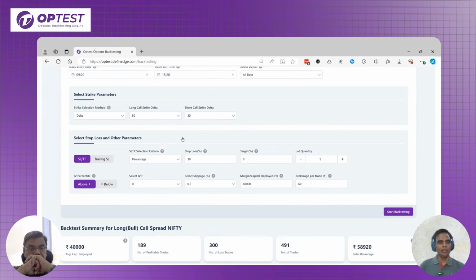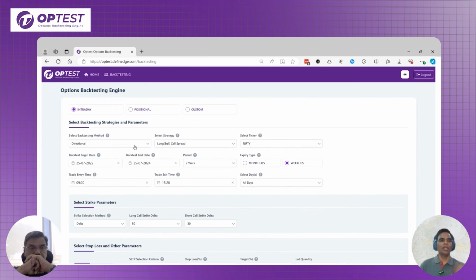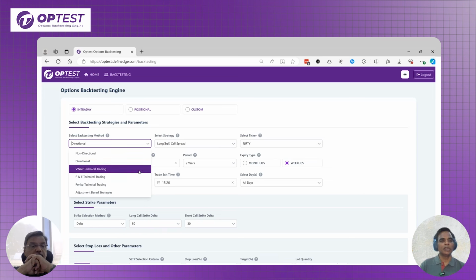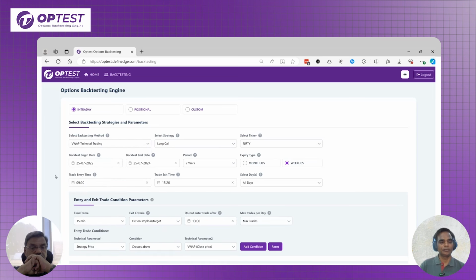And now let's come to another backtesting system. It's a VWAP technical trading. Now, VWAP technical trading, I know a lot of people use on an intraday basis. What they do is that they plot a VWAP chart.